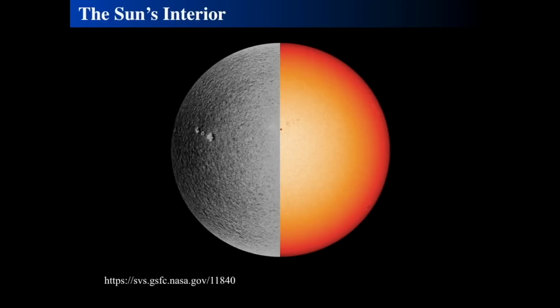The Solar Dynamics Observatory has the capacity to see this Dopplergram across the entire surface of the sun. The left-hand side of this image is a Dopplergram taken by the Solar Dynamics Observatory, and the right-hand side is the sun in visible light at the same time.